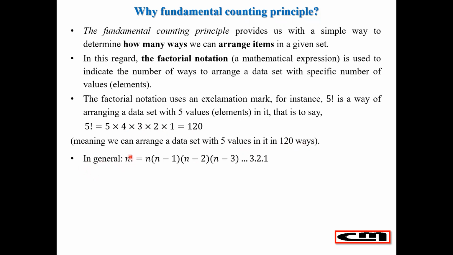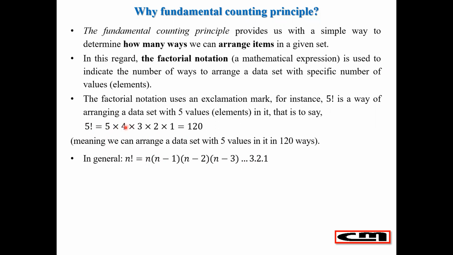In general, n factorial is equal to n times n minus 1 times n minus 2, and so on up to 1. If you compare this expression and this one, my n in this case is 5. So we are saying 5 times, that means from 5 we subtract 1, then we get 4.